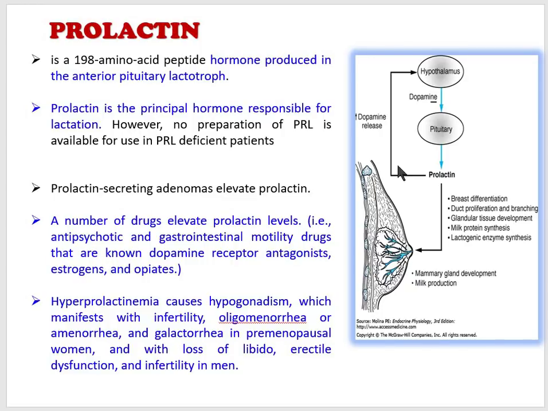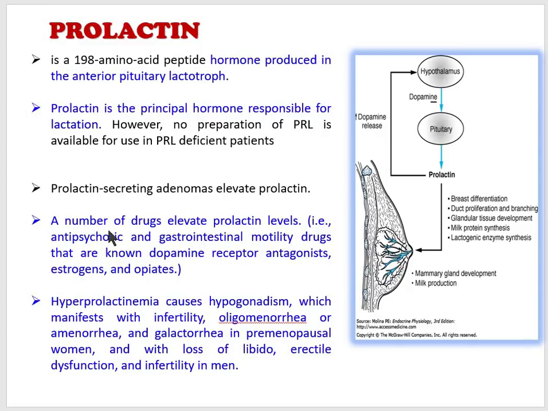Unfortunately we don't have any drug to use in prolactin-deficient patients. But we have a number of drugs which can elevate prolactin levels, and that could cause hypogonadism, which can manifest as infertility in both women and men.